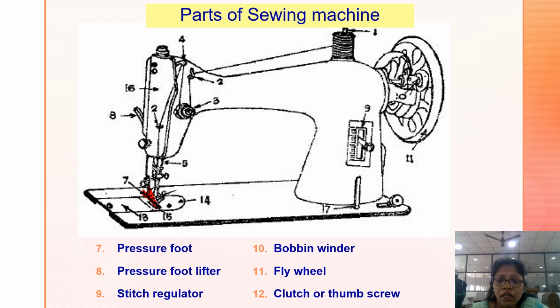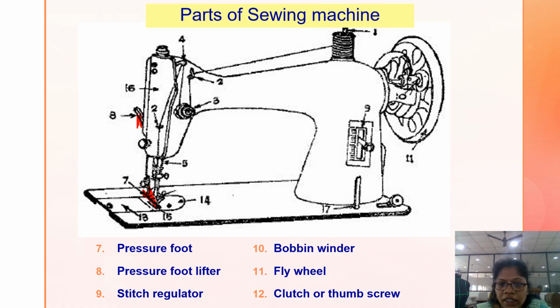That means it will automatically hold the fabric in position. The next one, here you can see the small rod, that is the pressure foot lifter. This is the lever attached to the pressure bar for raising and lowering the pressure foot. Whenever we want to take the cloth out from under the pressure foot, we need to lift the pressure foot lifter.